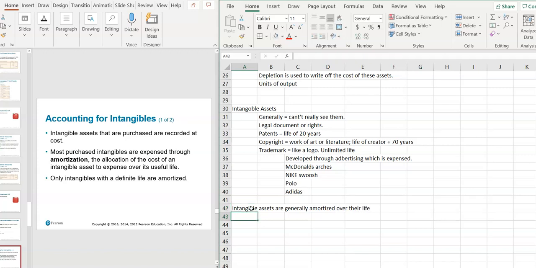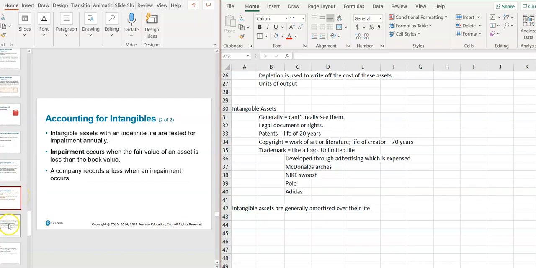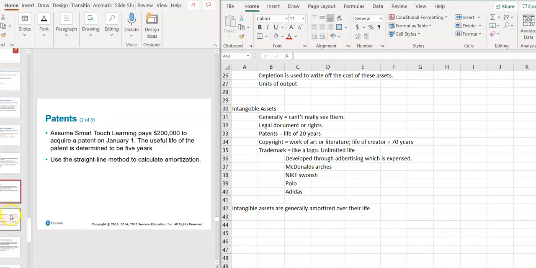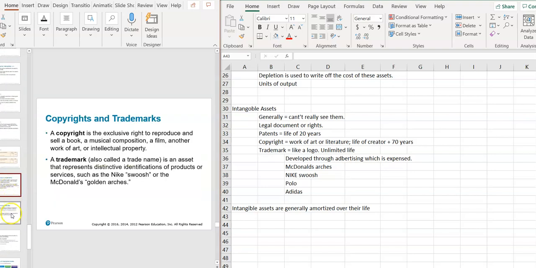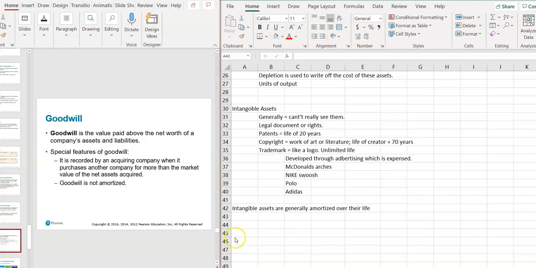Once again, we're not going to do it. You just need to know the terms. Okay, so they go a little bit more into it. We're not doing all that. You don't need to know all that. I just want you to know the definition of a trademark. If you are an accounting major, we'll get it again in intermediate.